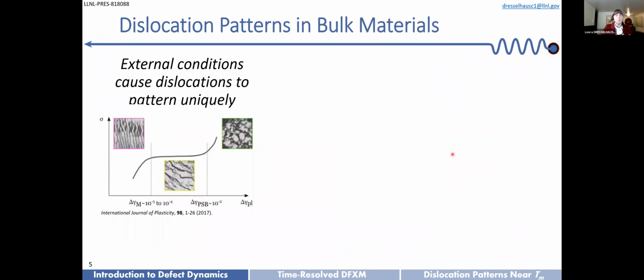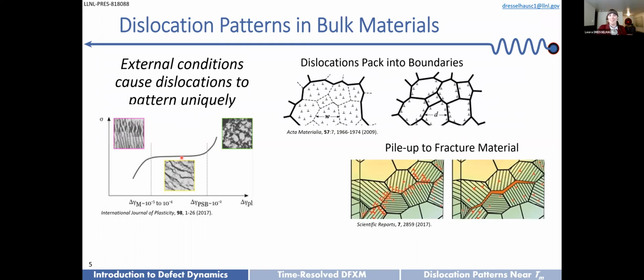When we zoom in a little more on how this multiscale behavior of dislocations works, we find that dislocations pack into different types of preferential patterns based on subtle changes in local conditions. As we've heard earlier in this workshop, dislocations can pack into different structures, giving rise to very different types of macroscopic behavior.